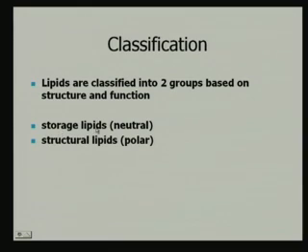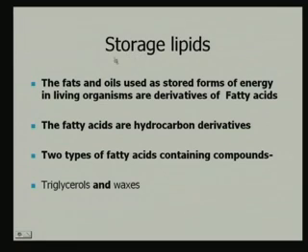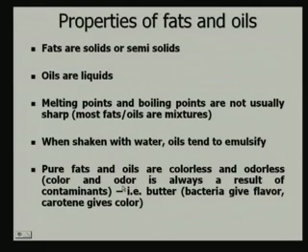One is the storage lipid, another is the structural lipid. Now, when we are coming to the storage lipid, the fats and oils used as stored form of energy in living organisms are derivatives of the fatty acid. The fatty acids are hydrocarbon derivatives. Two types of fatty acid containing compounds are there. Triacylglycerol and waxes are the examples of the storage lipid molecule.